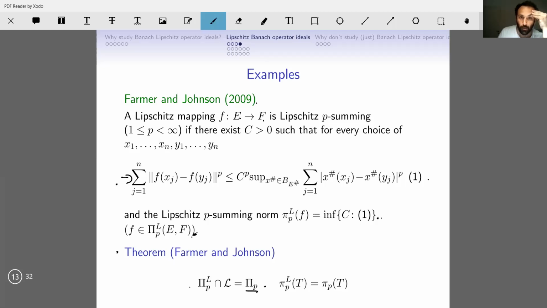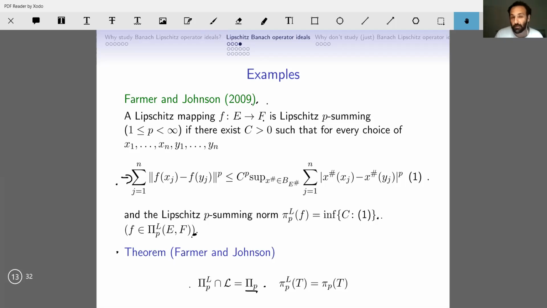Note that the definition of Banach linear operator ideals is several years older than this definition. This work of Farmer and Johnson is, as far as I know, the first example of a Lipschitz function that extends, in this sense, linear mappings, linear ideals.